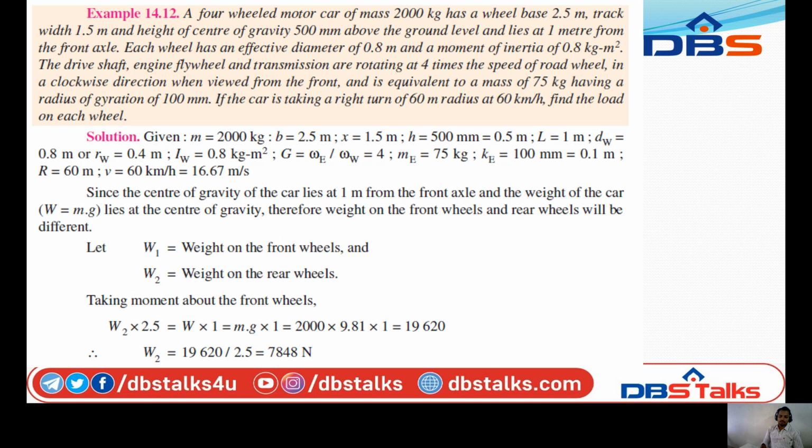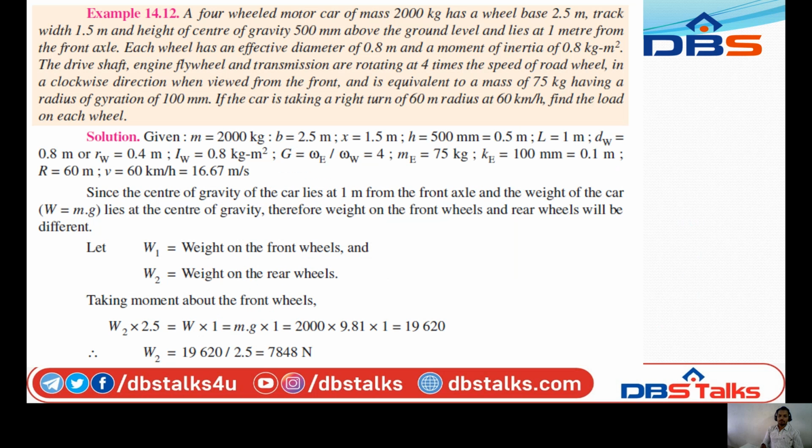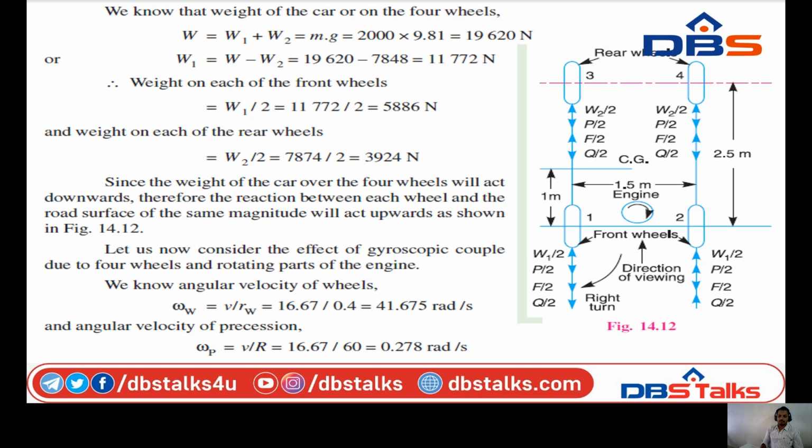For taking the moment about the front wheels, by constructing this type of diagram, W2 into 2.5 is equal to W into 1, that is equal to mg into 1.